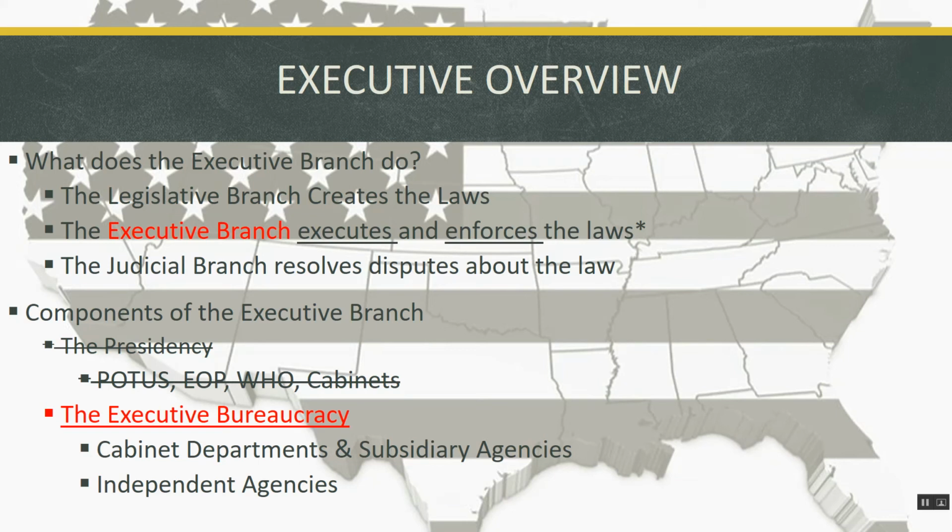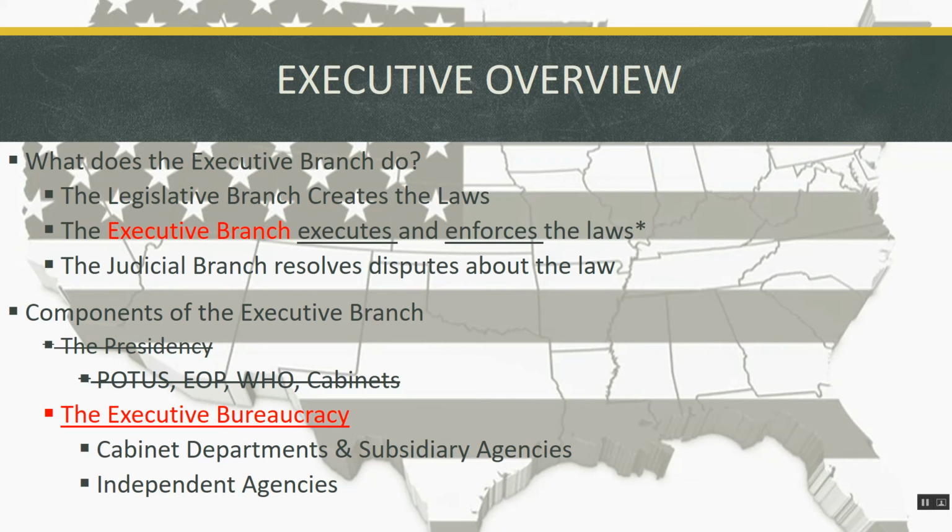Our bureaucracy, as I've told you, is first a part of the executive branch, and then subdivided into 15 major departments. Now, each of these cabinet departments, as I've already mentioned, handles a very, very broad issue area. For instance, the Department of Homeland Security is going to be responsible for maintaining the safety of American citizens.